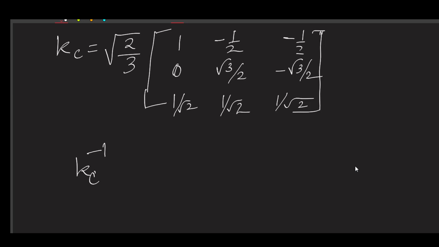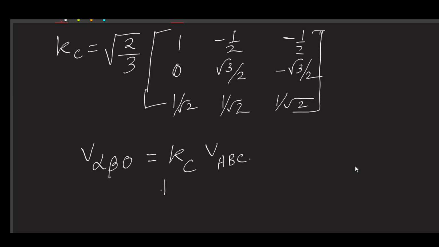We can write V alpha beta naught is equal to KC times V ABC, and then we can have the inverse relation.